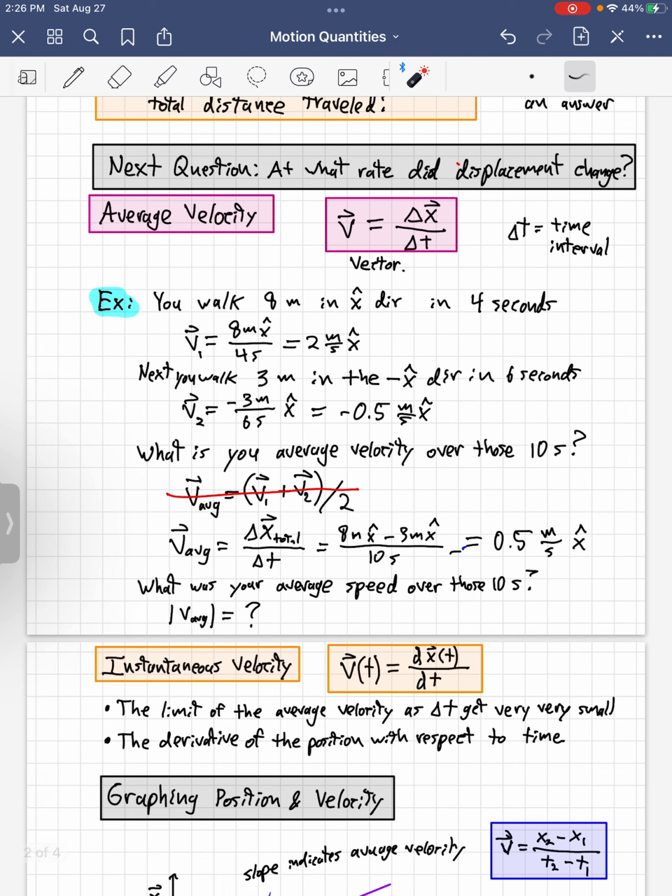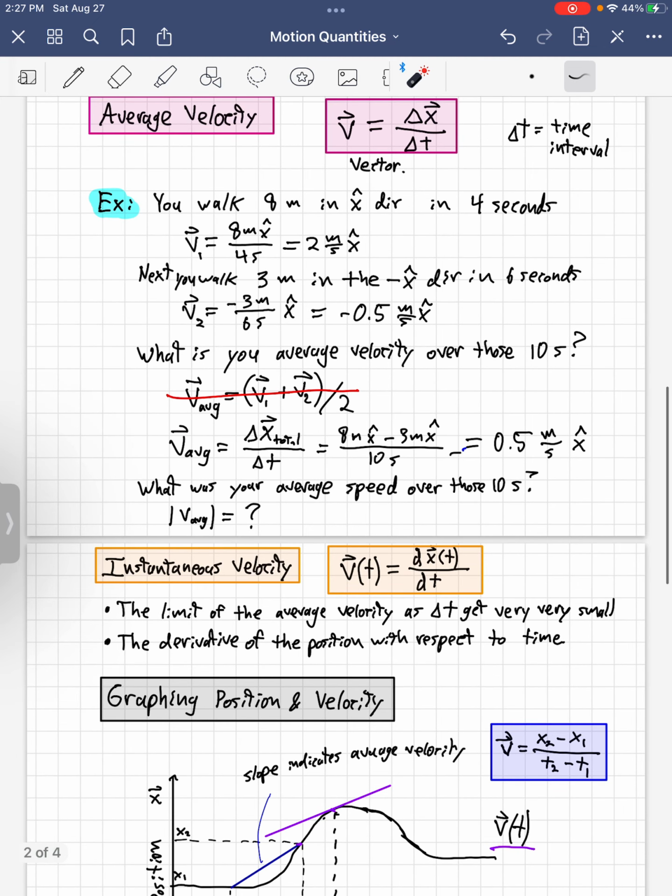Next, you walk 3 meters in the negative x direction over the course of 6 seconds. So now our velocity over this time period is going to be -3 meters divided by 6 seconds. So we're moving backwards by half a meter per second. All right, so hopefully this makes sense.